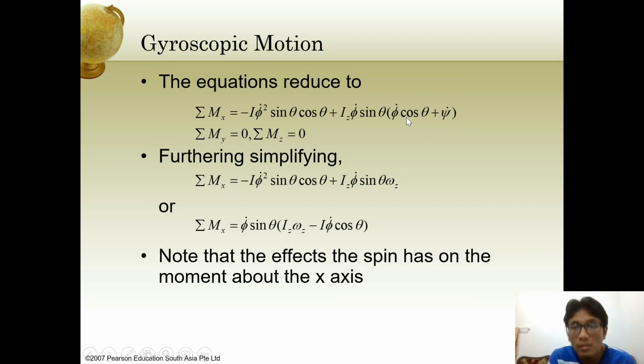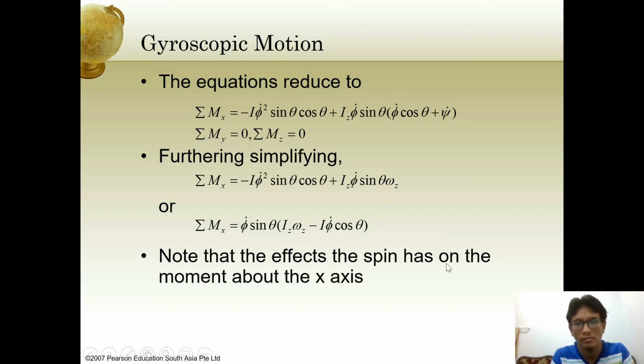This component is considered as the omega z, the spin angular speed. And we can simplify it even more, and we get this. Afterward, this equation is useful. If you have a different value of nutation angle, you can put the value in here, theta, and we'll get a different value for the moment.